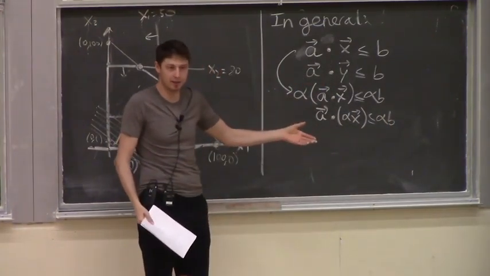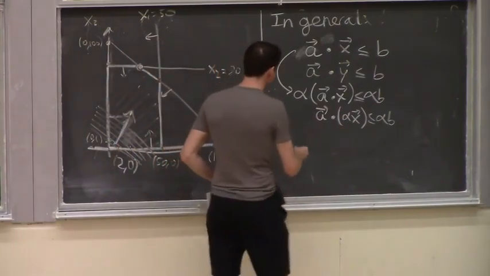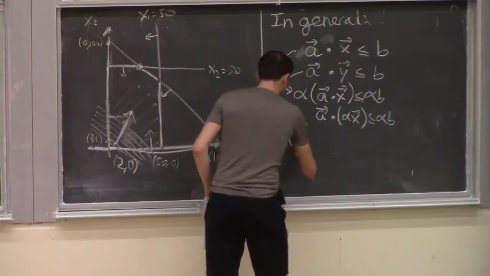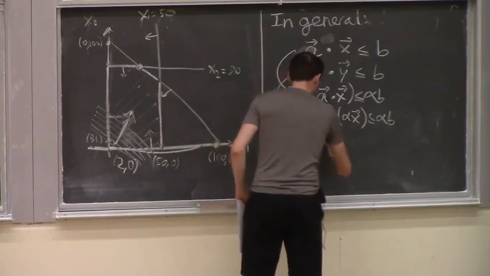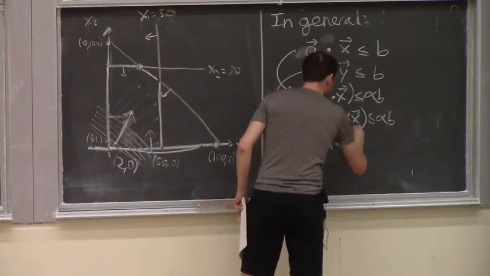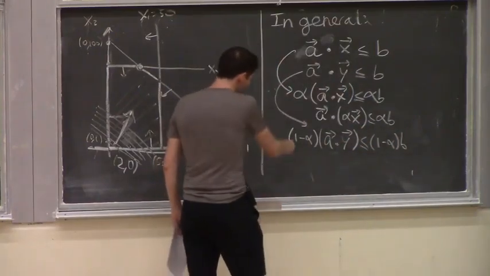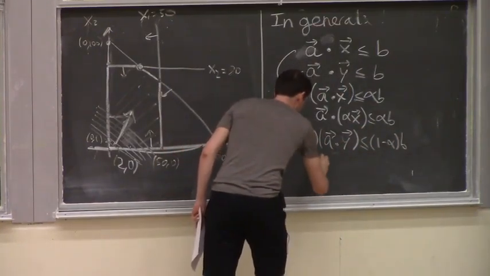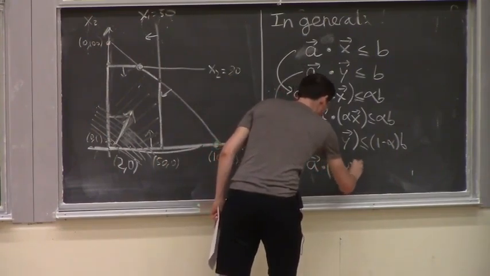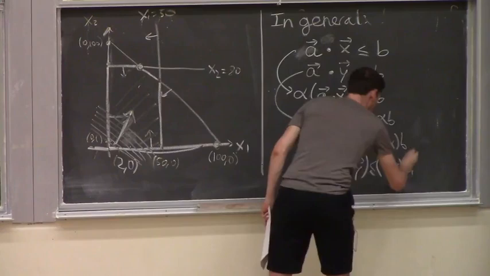It's just the vector x where I'm multiplying each coordinate by alpha. This entire thing here, I can multiply by 1 minus alpha. I'll get A dot product y at most 1 minus alpha b. And I can again move the 1 minus alpha inside: A dot product 1 minus alpha y at most 1 minus alpha b.